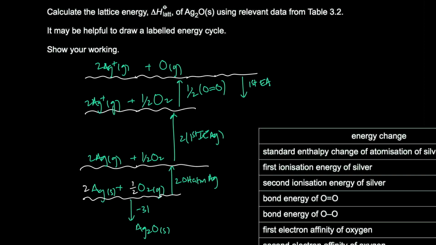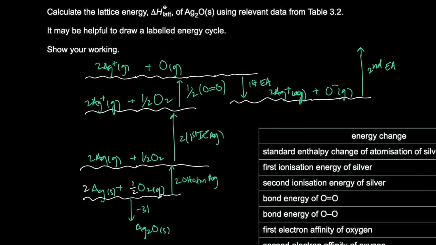The electron affinity is the enthalpy change when 1 mole of electrons is added to 1 mole of gaseous atoms to form 1 mole of gaseous 1 minus ions. So we have 2 Ag plus gaseous plus O minus gaseous, and then the second electron affinity, which is always endothermic.